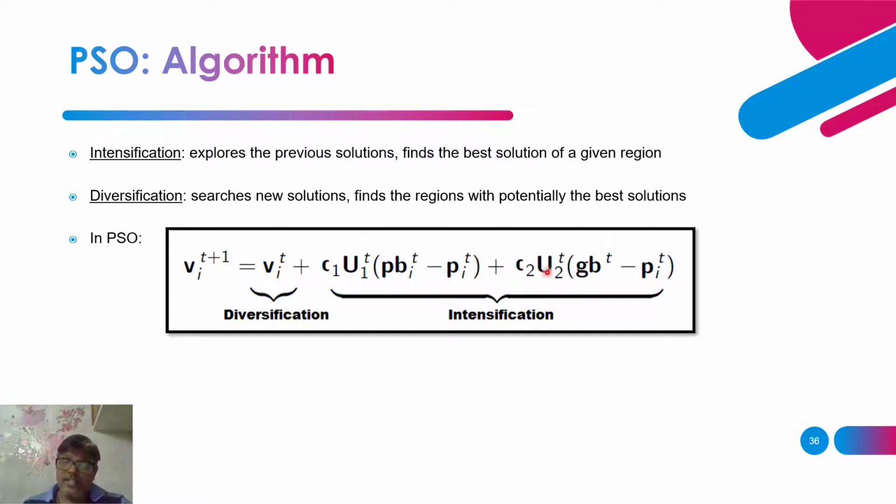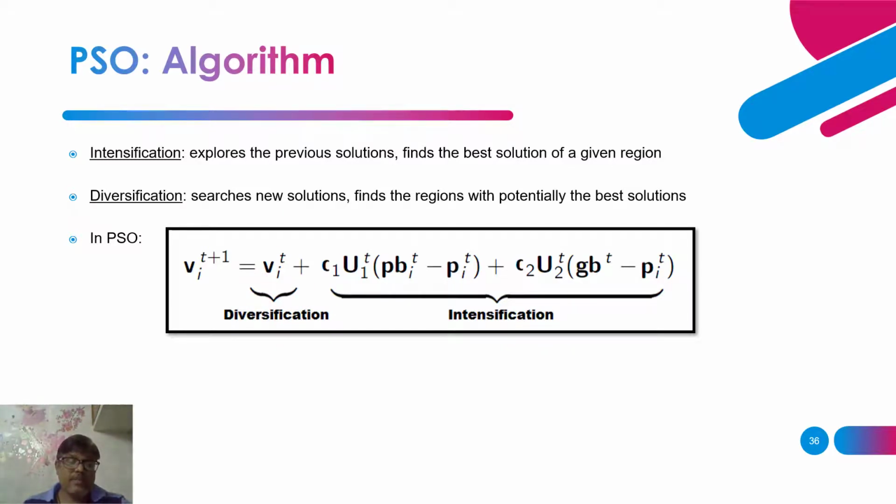The experience means the past. From the past information, it tries to find the best region, best solution, best point, which we call intensification. The next one is diversification. What is diversification? It searches for a new solution, finding a region with potentially the best solution. So with respect to the previous velocities, it finds the next best solution.